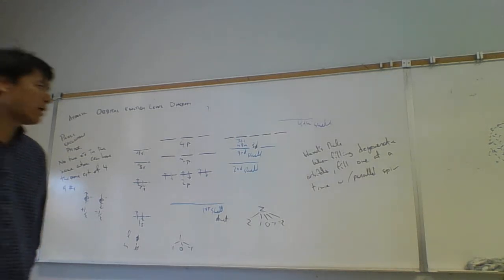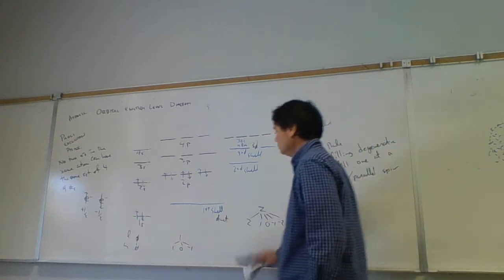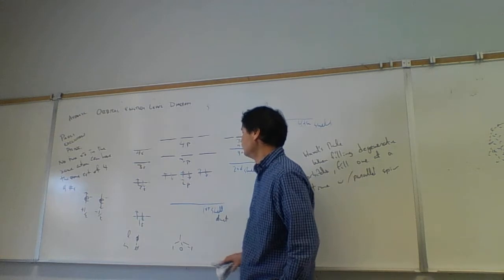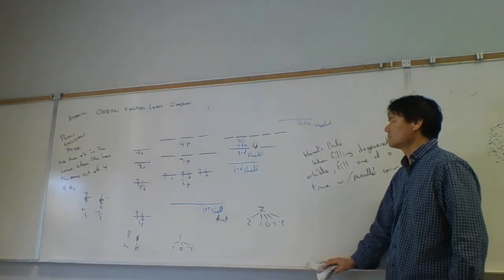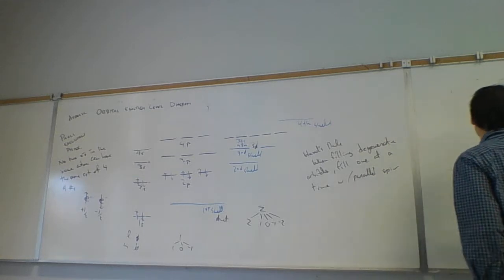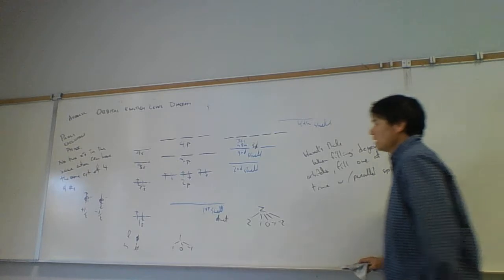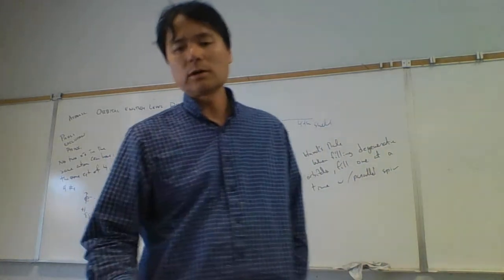So if we do a diagram like this, an orbital energy level diagram, there's a lot of information that we can gain from a diagram like this, but it takes up a lot of space. If you draw diagrams like this, it takes up a lot of room. And so if we don't mind sacrificing some of this information, then we can draw this diagram in a more compact way.